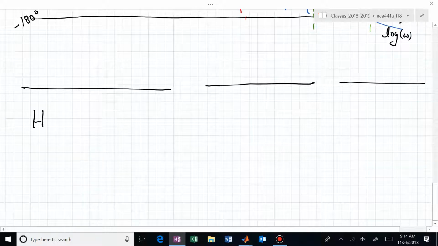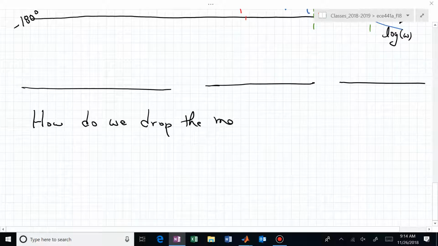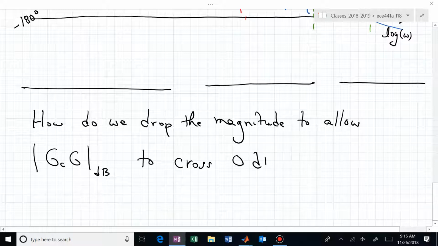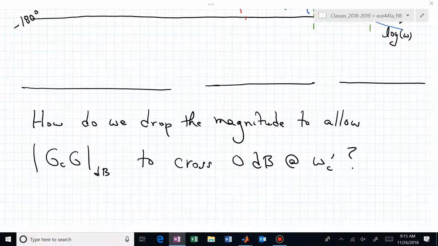So let's now figure out or write down some of the strategies, the concepts that I've tried to communicate. How do we drop the magnitude to allow this to be compensated? So now I'm putting in a G sub C with G to cross 0 dB at this new frequency that we agree would achieve our phase margin that we want, this omega sub C prime.